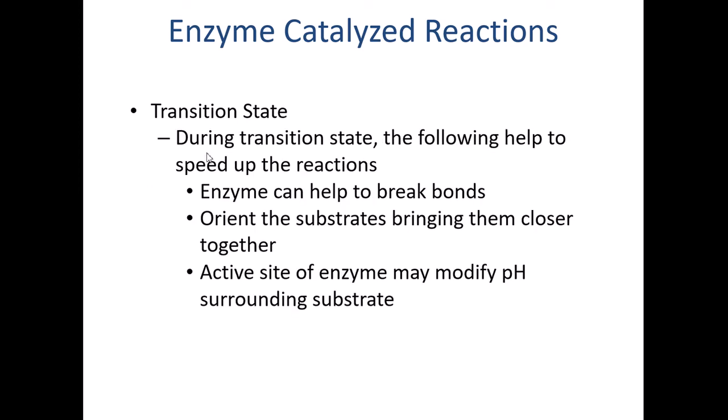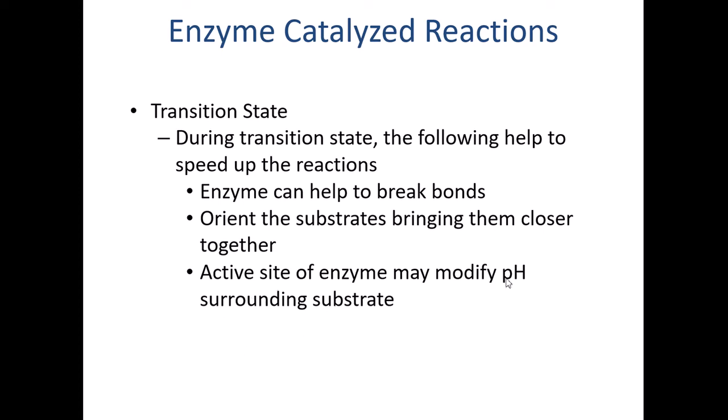So during the transition state, the following help to speed up the chemical reactions. The enzyme can help to break down bonds. It can help to also orient the substrates, bringing them closer together, right? So it actually changes the position of the substrates so that they are nice and close together to make our product. And the active site of the enzyme may also change the pH of the area surrounding the substrate.